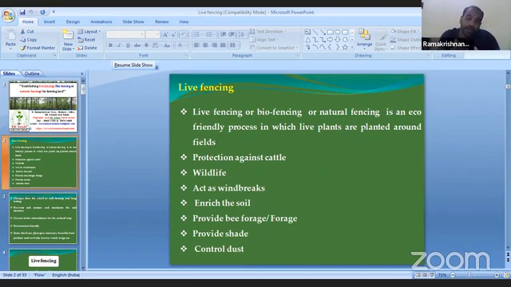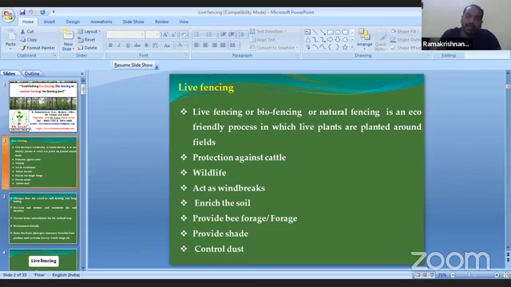So there are a lot of advantages, but with barbed wire fencing there are no advantages. If we go for live fencing, it increases our yield in an organic manner. There are a lot of other advantages also. So protection against the cattle is the first thing.